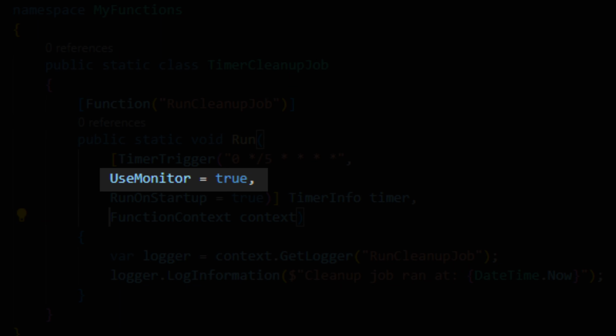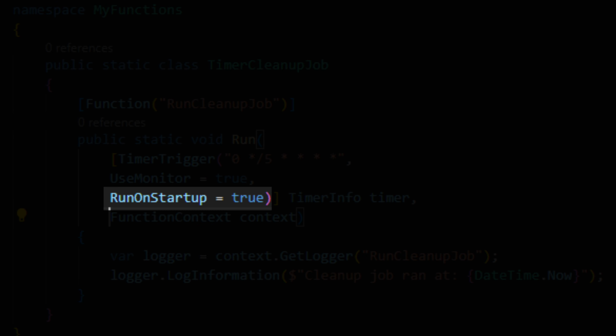And in case we set this to true, which in this case it is, it's a signal to the Azure runtime that it needs to maintain the state, and if a trigger did not trigger or the function did not execute at a particular point in time, the runtime will check the status and ensure that even the missed triggers or missed executions are executed. So this state information that we have enabled goes and sits in the Azure storage account of the function app. That's what this particular attribute does for this timer trigger.